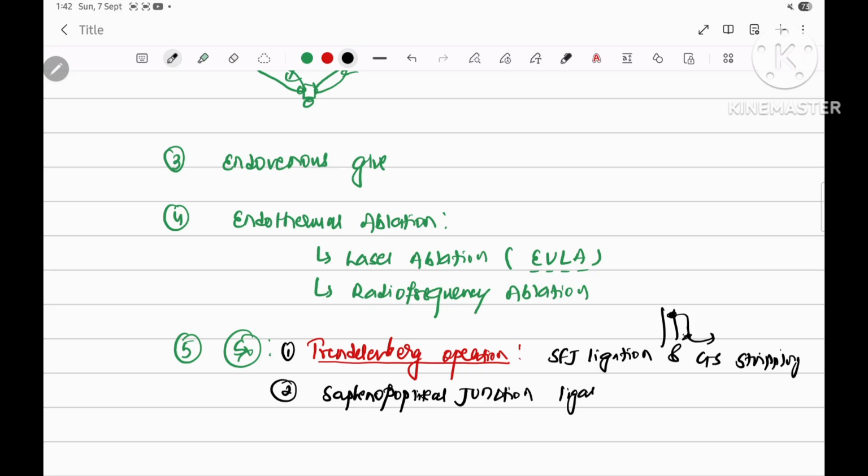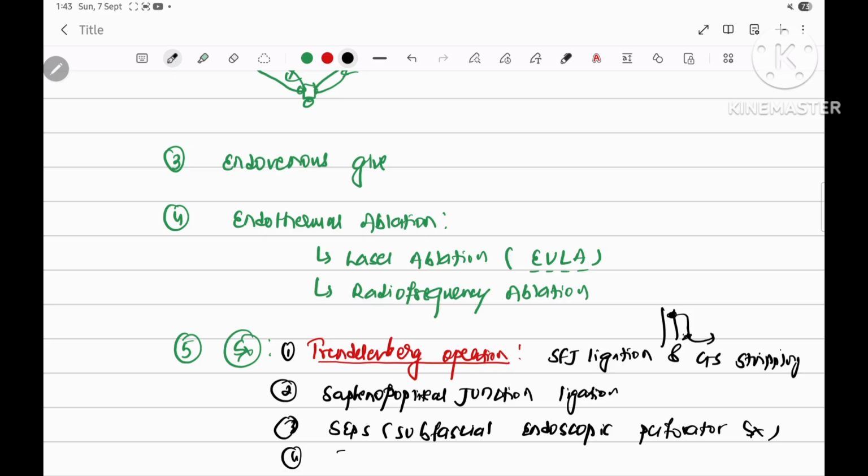The third one is that we can also do SEPS, subfascial endoscopic perforator surgery. And the fourth one is the Trivex method. These are all the names of the surgeries. We do not have to know them in detail.